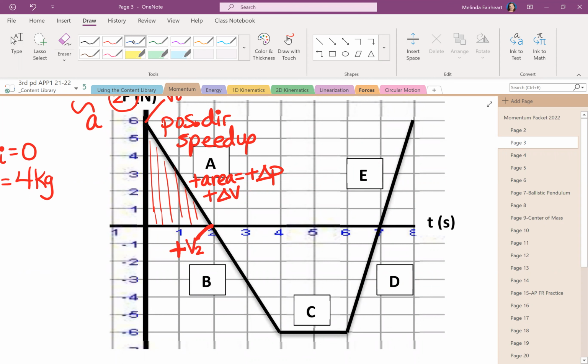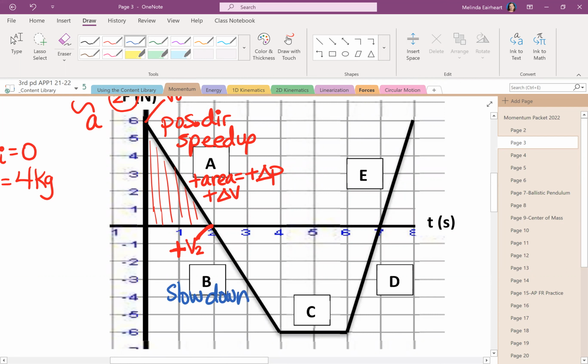Now who's pulling on us in segment B? The opposite direction. So we were going to the right. Now we're getting pulled to the left. What's your object going to do? Here's where we start to slow down.